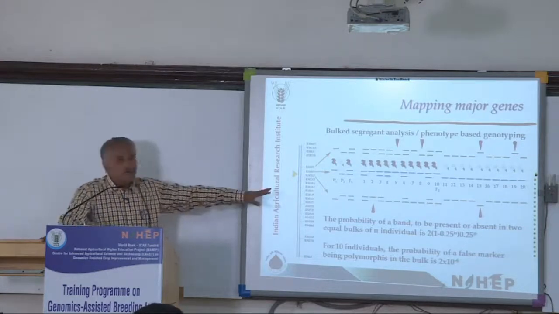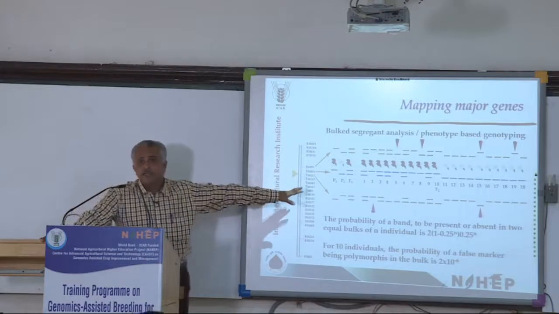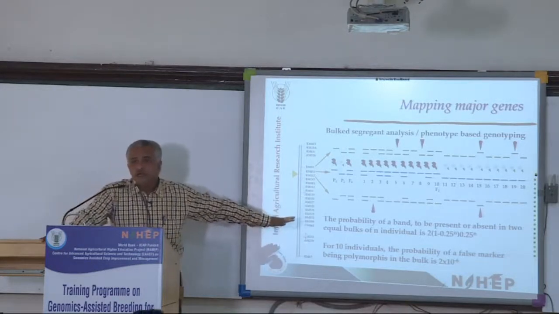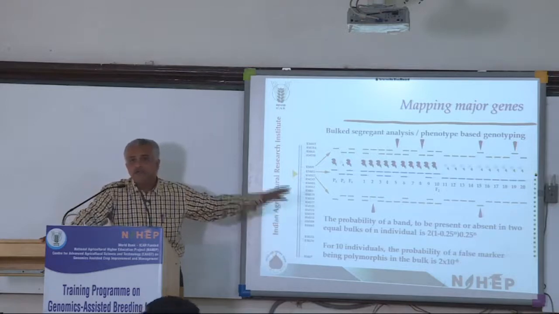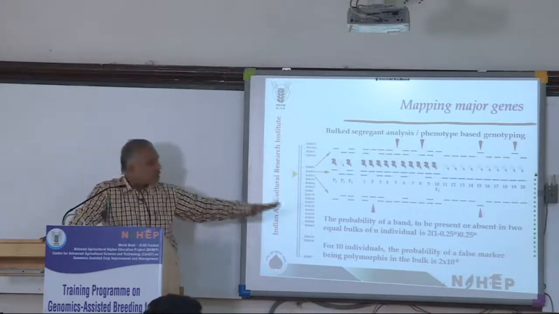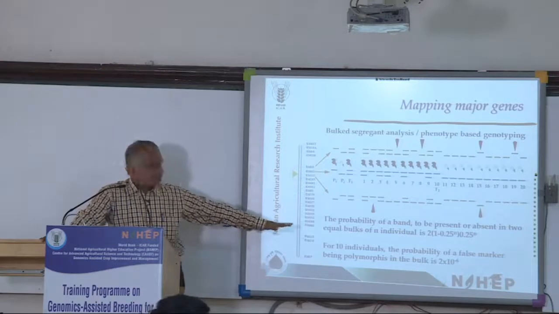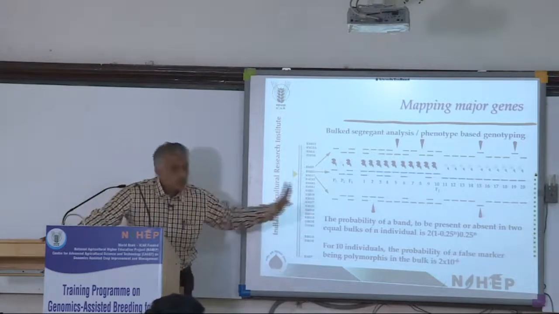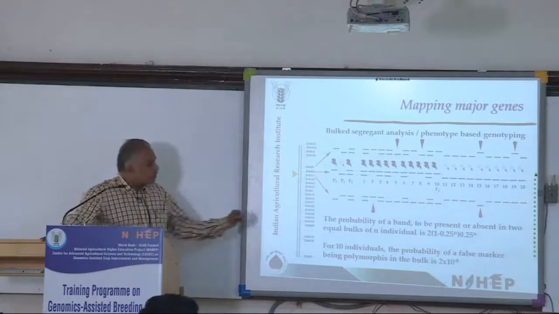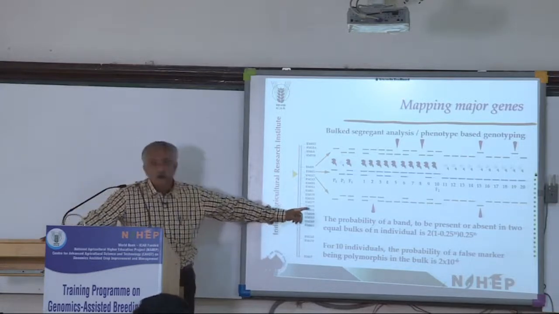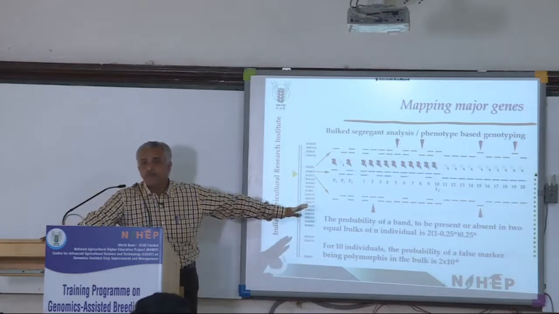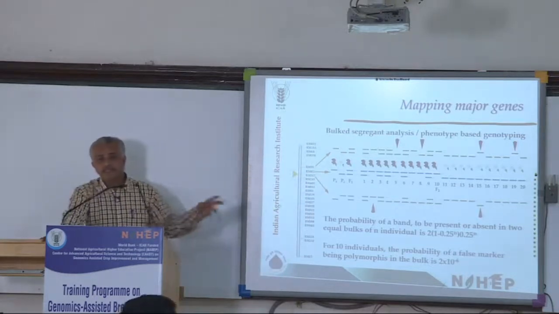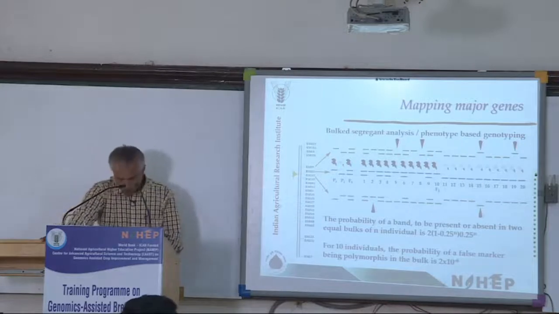We can use bulk segregant analysis for this, where we use a bulk of 10 progenies from the extremes, then you map. And why 10 is used is here: this is the formula to identify the probability of getting a band present or absent in a bulk of 10 each.